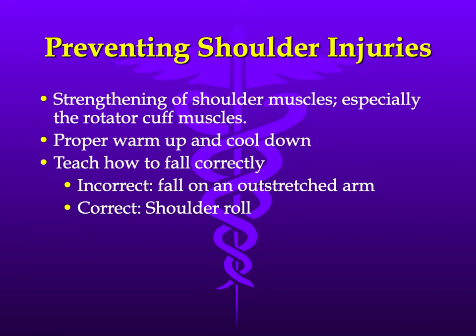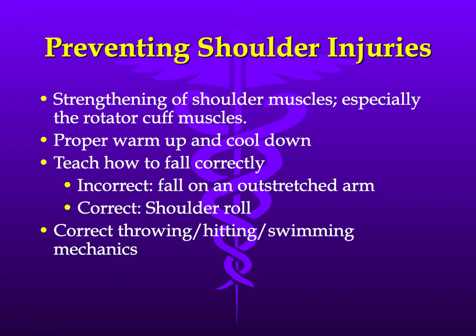Now, I don't know how to do this. I haven't been taught how to do it because I was never a volleyball athlete, and I'm a clumsy person. So again, the natural reaction is to use our arm to keep us from falling. But in athletics, we need to teach our athletes how to do the shoulder roll. Other thing is correct throwing, hitting, swimming, etc. mechanics.